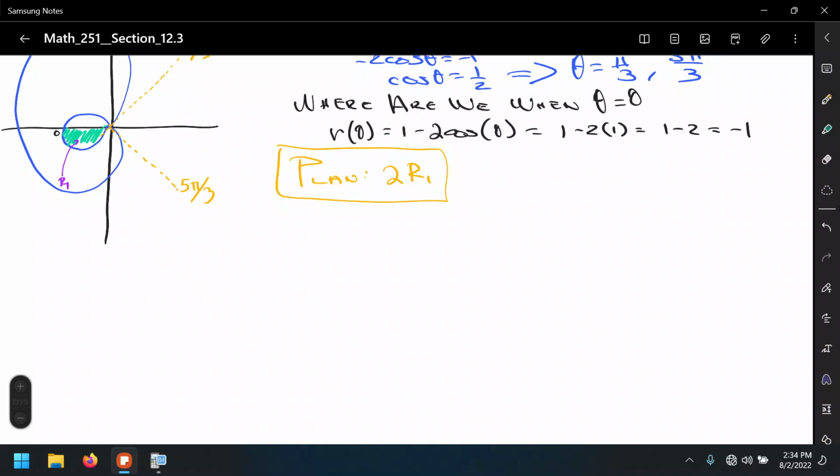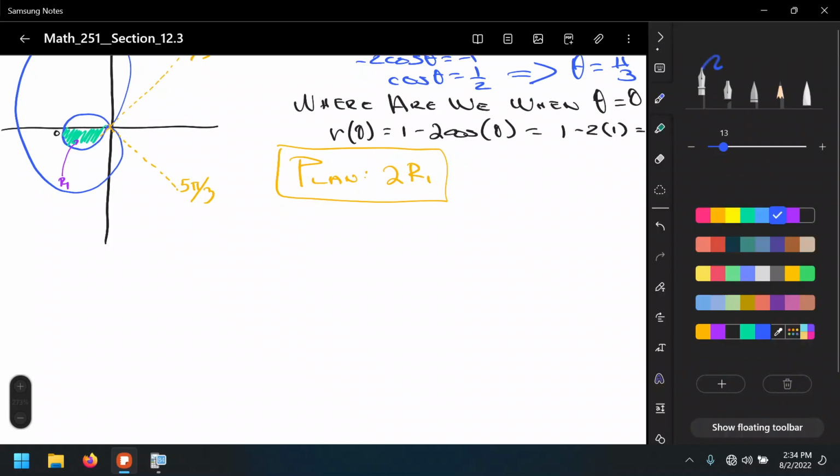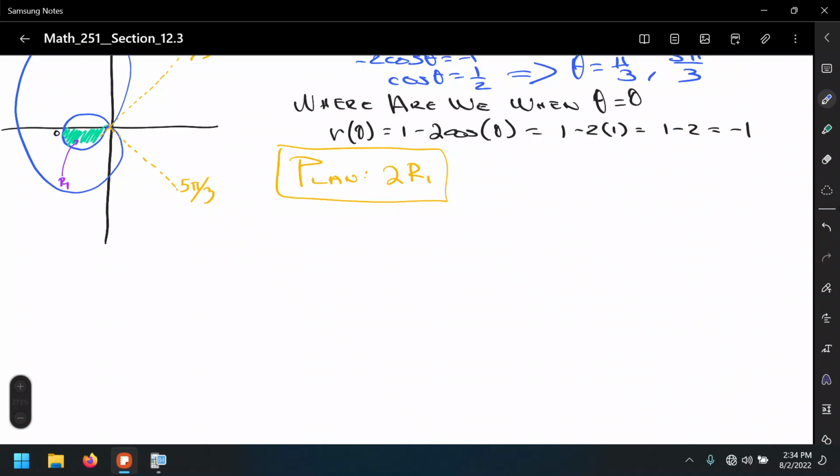So in this case, we will set up the integral like area equals 1/2 the integral from alpha to beta of r squared d theta.